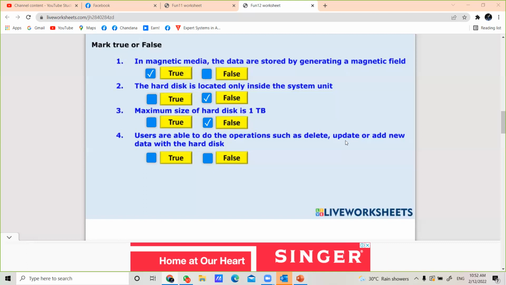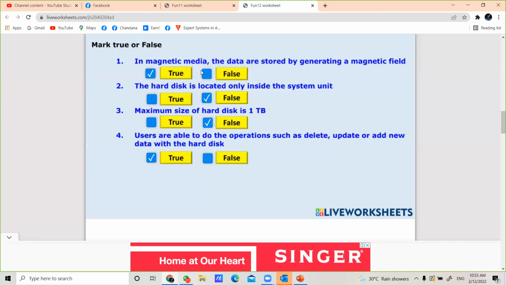Any operation you can do with the hard disk, because of the read and write capabilities of the hard disk. It will be able to do deletion, updating and adding new data. Therefore, the statement is true.